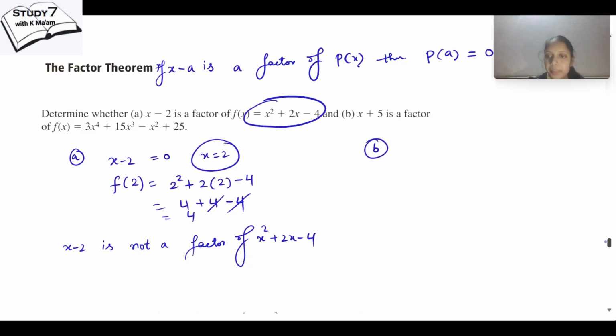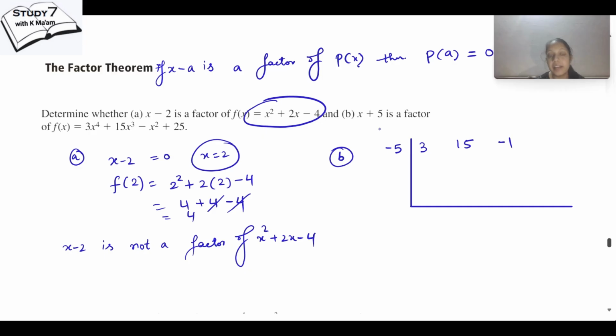Now let's see the b part. In the b part, is x plus 5 a factor or not? You can also use synthetic division. If you see that the calculation is long, use synthetic division. For x plus 5, the x value is negative 5 here. Coefficients: 3, then x square coefficient is negative 1, and the x coefficient is missing, so 0, and last is 25.